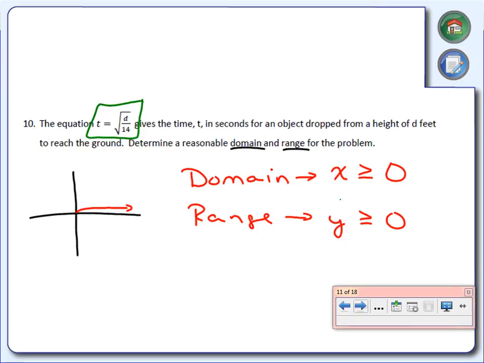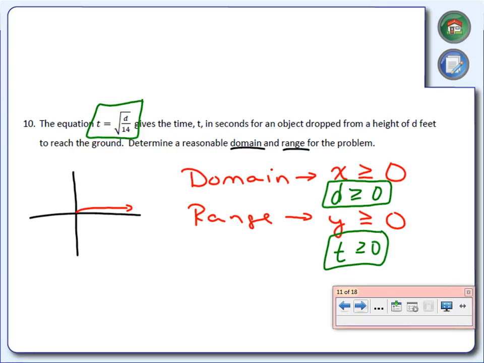The d. Alright, so I'm going to use d is greater than or equal to 0. So that's what we're going to use instead of the x. Same thing with the y. Instead of using y, we're going to use a t. T is greater than or equal to 0. So just make sure you use the same variables that are in the equation, and don't just use the x and y.